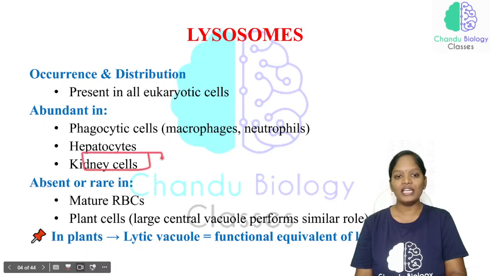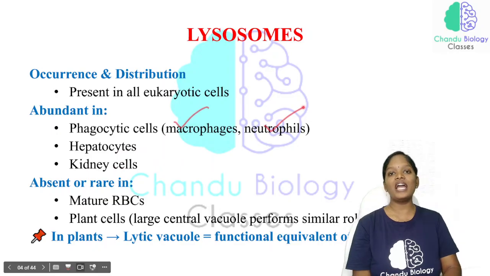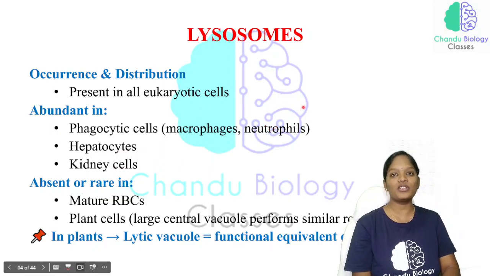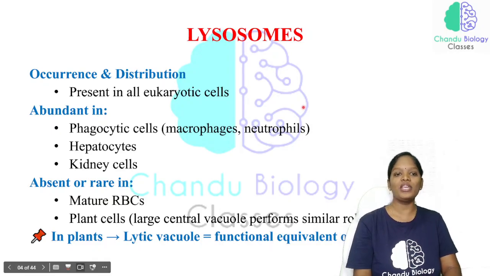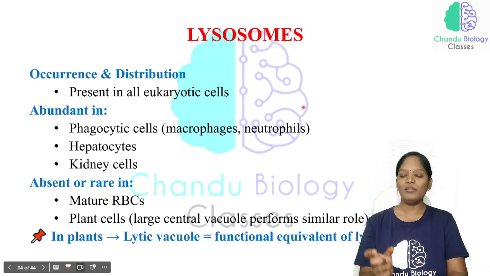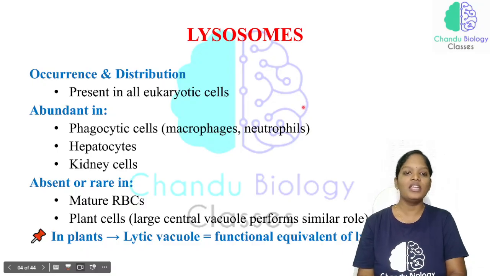Kidney cells also need lysosomes, and macrophages and neutrophils are involved in the phagocytosis process, so lysosomes are needed to lyse the microorganisms. So these cells are enriched with lysosomes because they are involved in lysing microorganisms. This is very important.